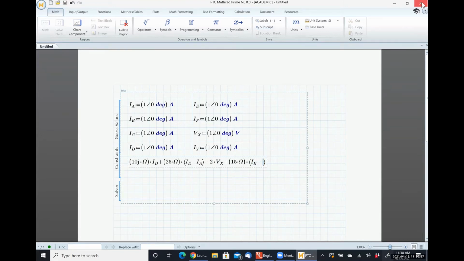IE minus IF? Okay. And because this is a constraint equation, I need to use the Control-equal sign and put it in there.